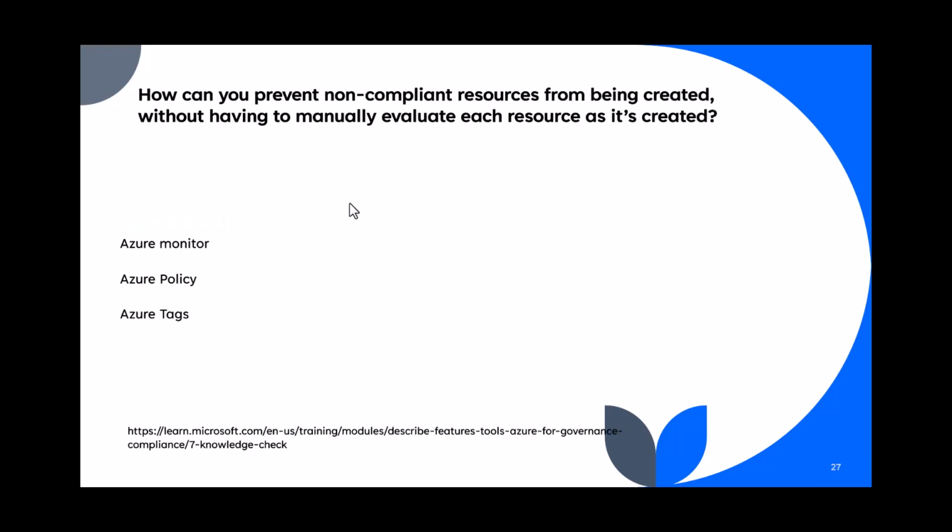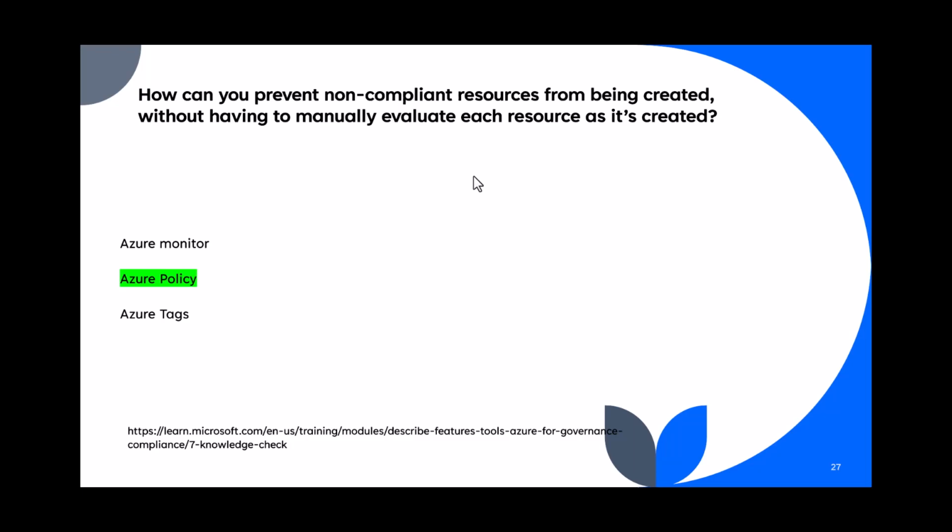Question number 27. How can you prevent non-compliant resources being created without having to manually evaluate each resource as it is created? The options are Azure Monitor, Azure Policy, Azure Tags. So the answer to the question is Azure Policy.